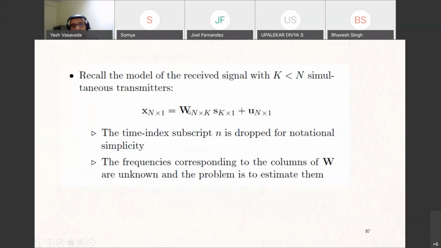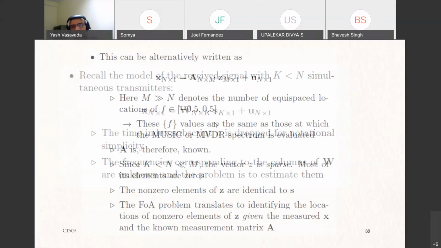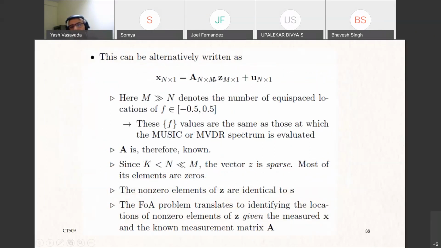The number of rows remains the same. N doesn't change because N is determined by the size of the problem, so we can't mess around with N. But here, this K, which is the number of incoming signals, is some value smaller than N. Now, over here, we are replacing K by capital M, where M is potentially much larger than N. And this A matrix we can calculate ahead of time.